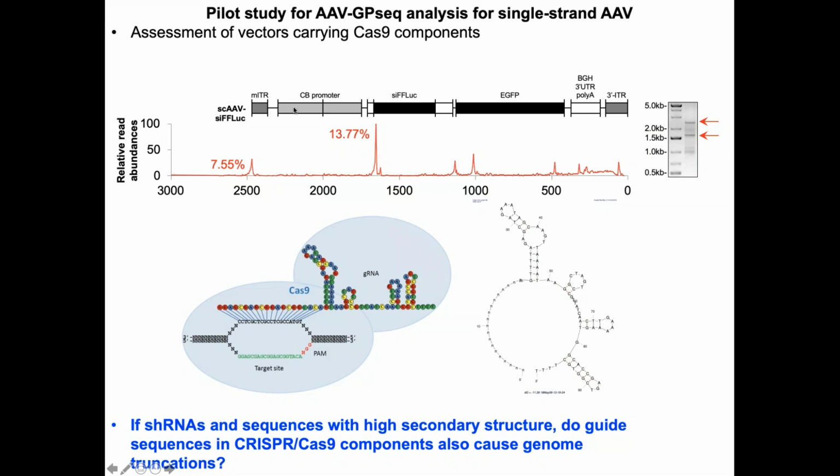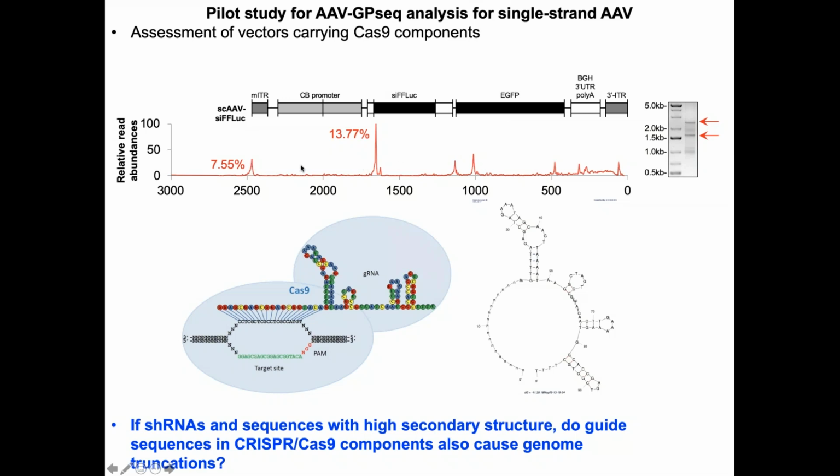So what I'm showing you here is a study where we looked at the truncation events that were generated by the self-complementary AAV that housed a siRNA cassette to target 5'-luciferase reporter gene. And what we were able to show was that there were truncation hotspots that are really centered on these highly structured regions. In addition, we also saw truncation hotspots that appeared in even the EGFP transgene, which is utilized in a lot of these preclinical studies.